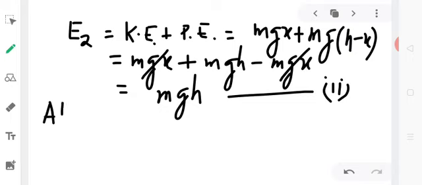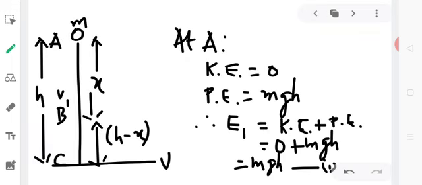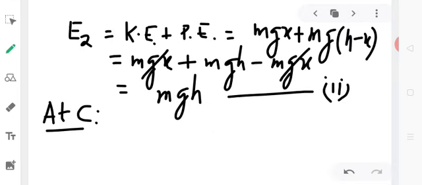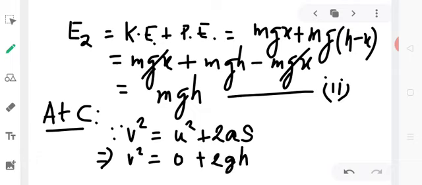Now, when the body is again allowed to fall freely under gravity and it strikes the ground C with a velocity v, let the velocity of the body at C be equal to v. Then we may write down again using this equation v square, initial velocity is 0 plus 2g, and now it has fallen through the entire height, so 2gh, which gives us v square equal to 2gh.